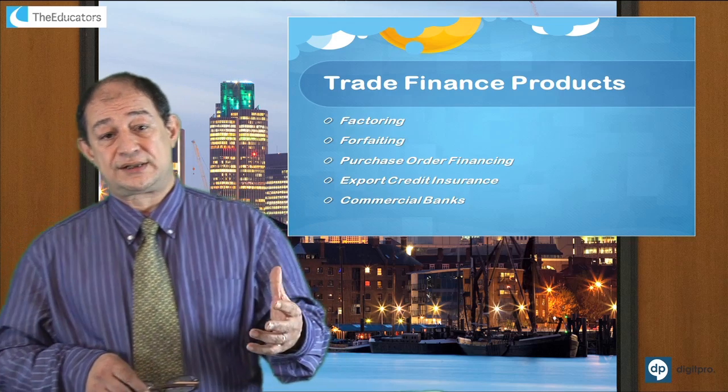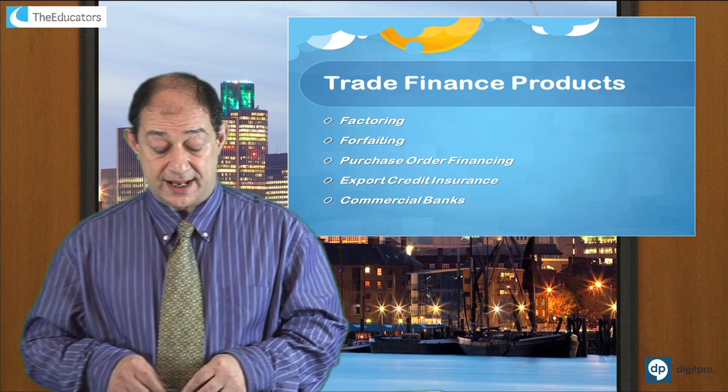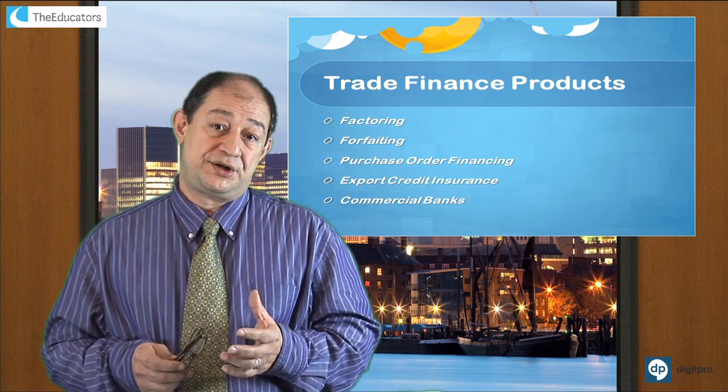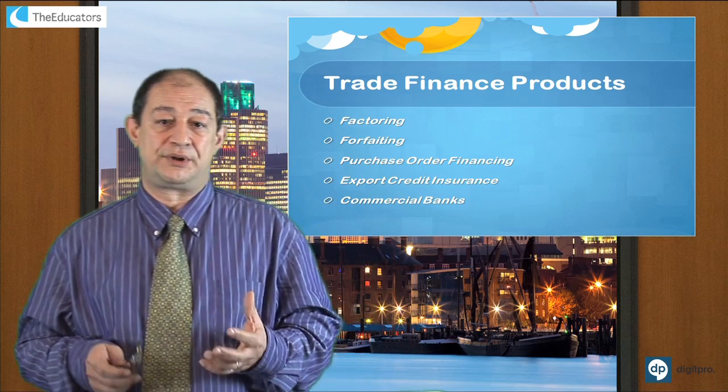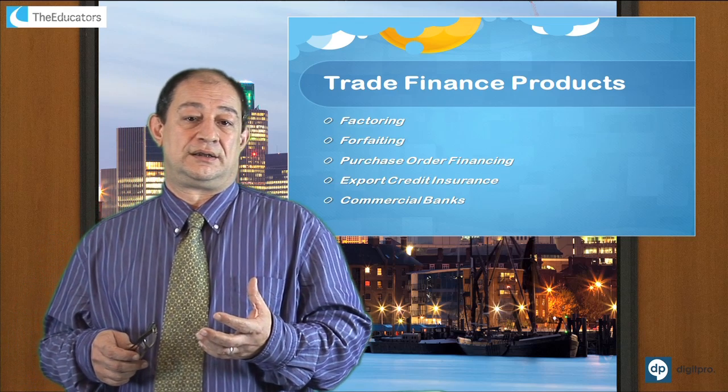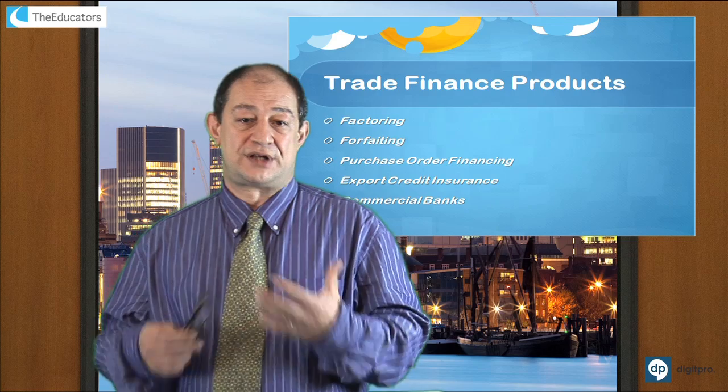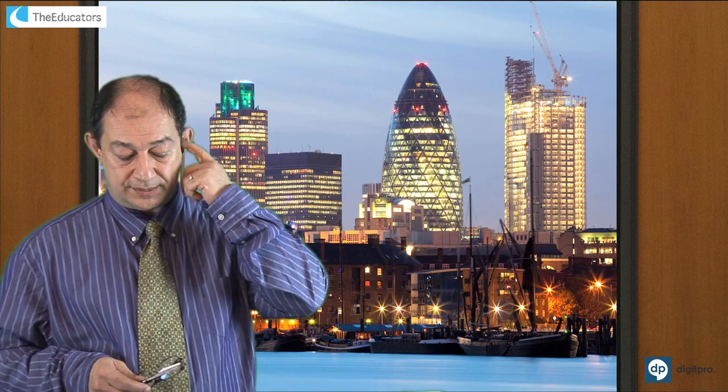Another way of doing it is purchase order financing. If you have got a purchase order, remember a purchase order itself is a contract. A company has obliged itself, signed a contract that they will buy these products with these specifications at these prices as they are supplied.